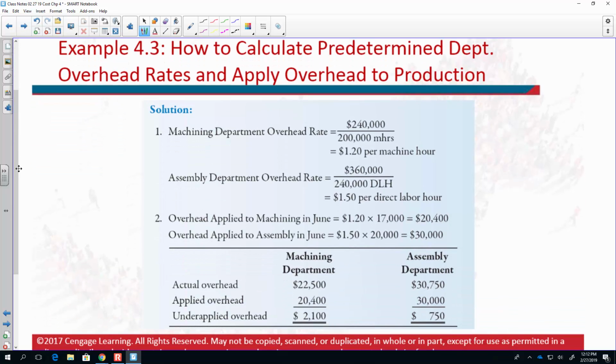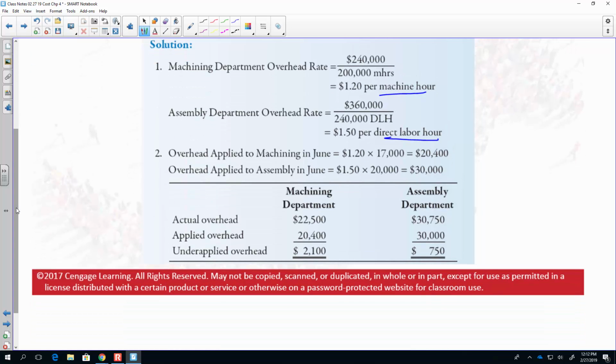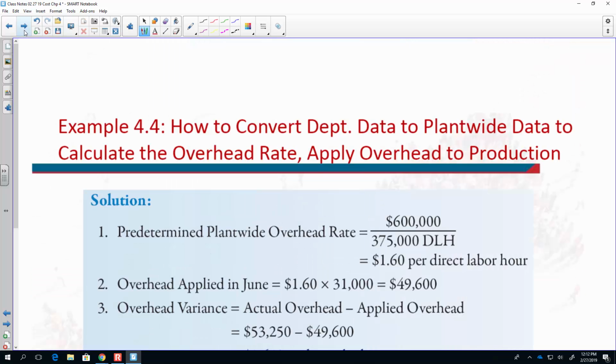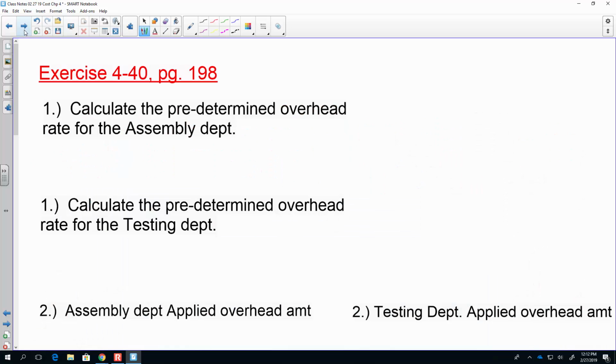They nicely identify the driver associated with that rate for each department. And then they use the actual hours in exercise 3 to come up with the applied amount. And then they do a variance computation at the end here. Oh, yes. And then they do a plant-wide rate also.